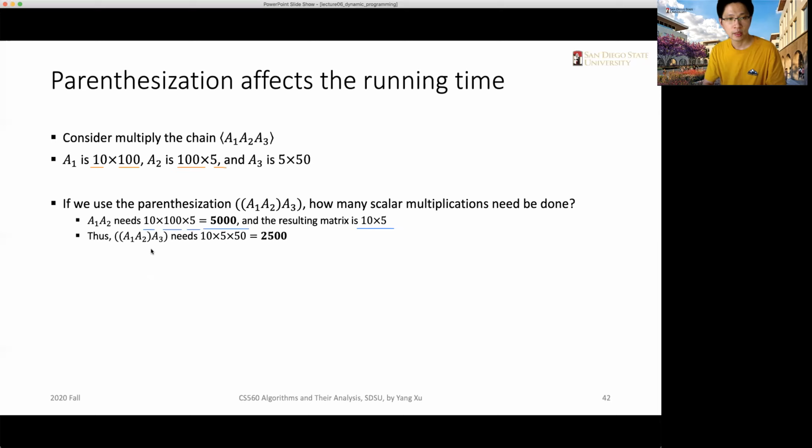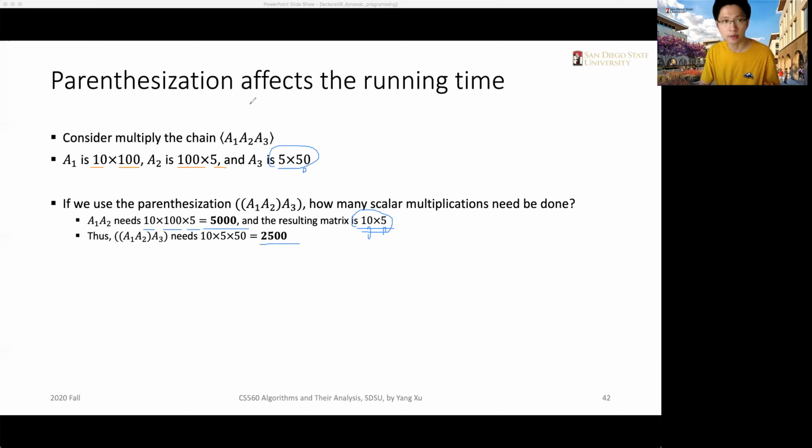Okay, so that's the first step. And then in the next step, we are multiplying a matrix of 10 by 5 with a matrix of 5 by 50. So again, the total number of scalar multiplications is 10 times 5 times 50, which is 2,500.